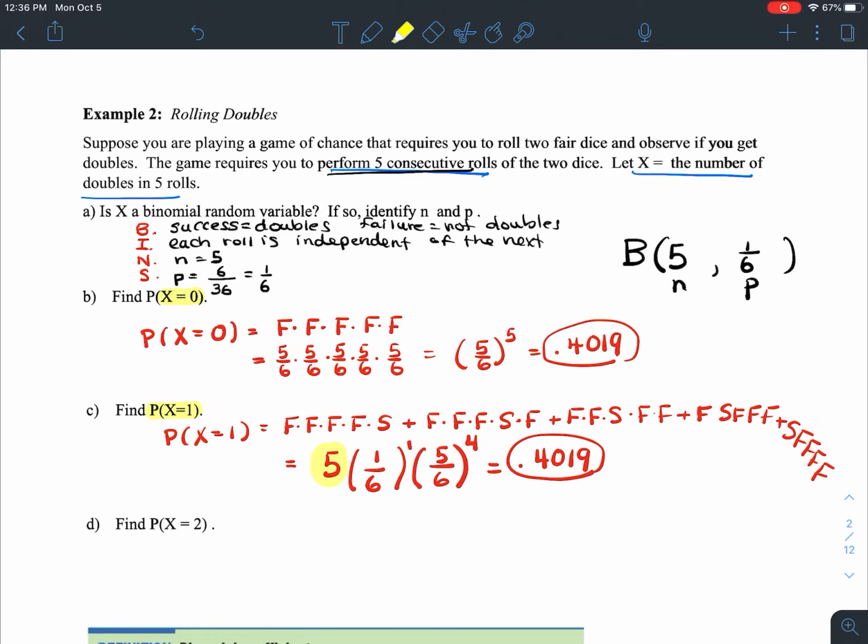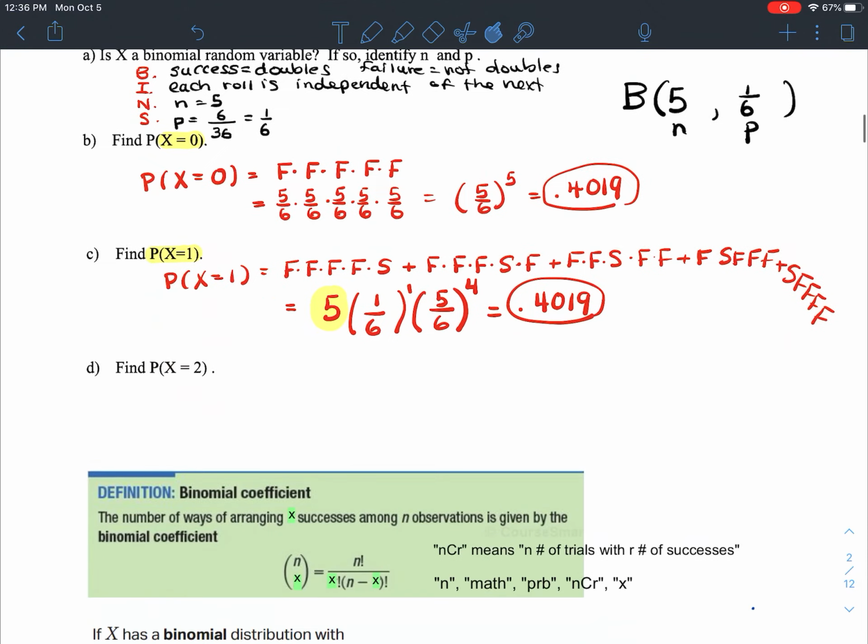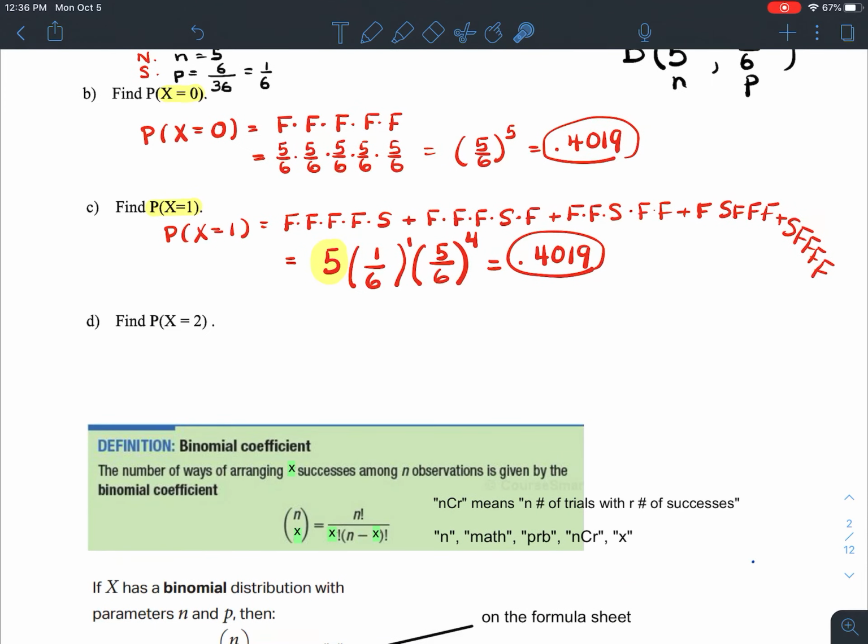We call that the binomial coefficient. You know, coefficient generally means the number in front of our variable when we're talking about algebra. This binomial coefficient is describing how many different combinations there were that met this criteria of having one success in 5 trials. There is a formula for the binomial coefficient.